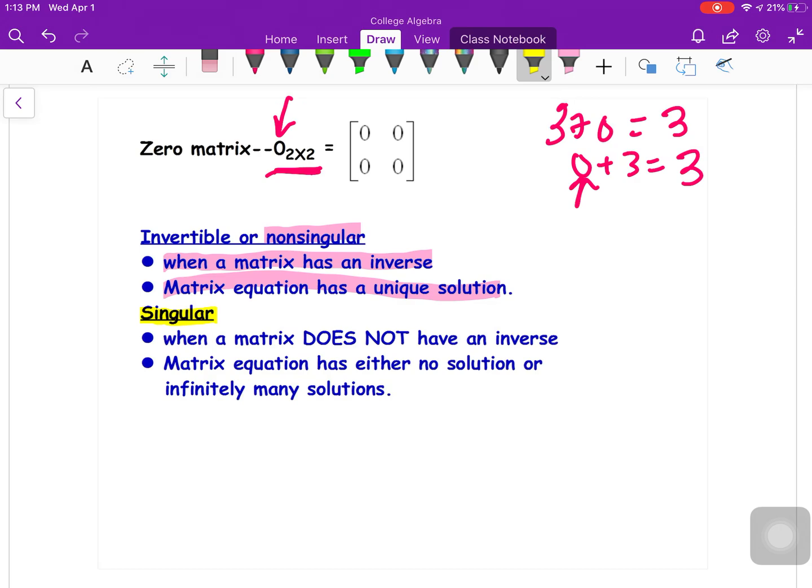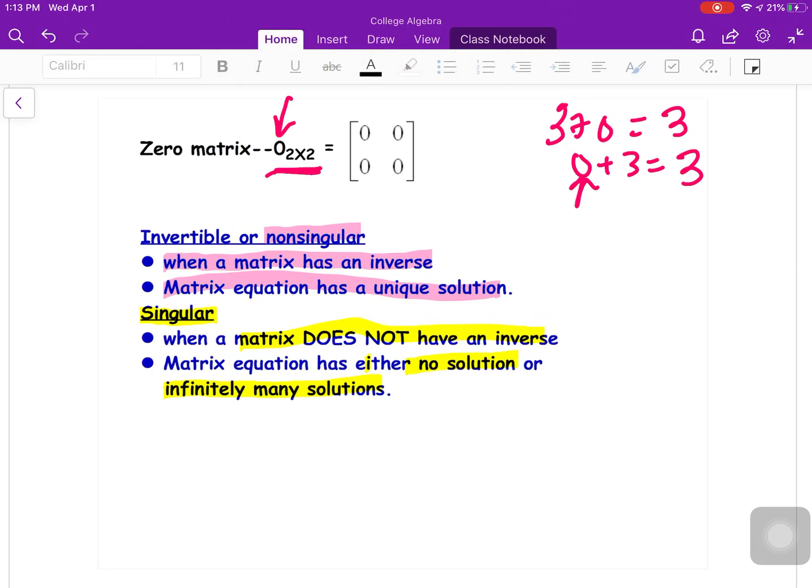If a matrix is considered singular, it means it does not have an inverse, which then means your solutions are either no solution or infinitely many solutions. Non-singular means there's an inverse and you have one unique solution, whereas singular means no inverse, so it is either no solution or infinitely many solutions.